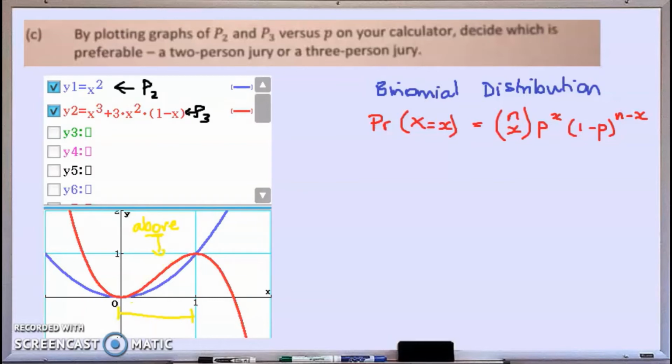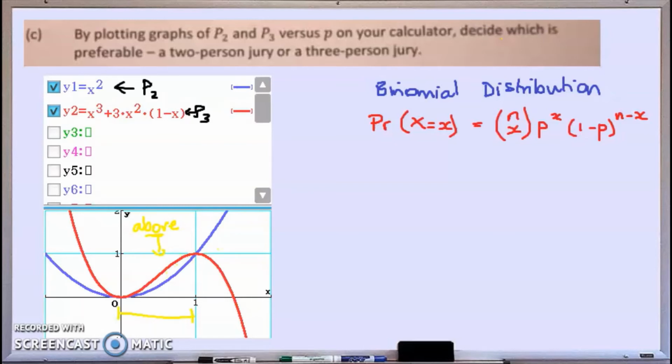So what that tells you is it doesn't matter what the probability of getting the decision correct is. Because the probability must be between 0 and 1, in all cases the red line is above the blue line.